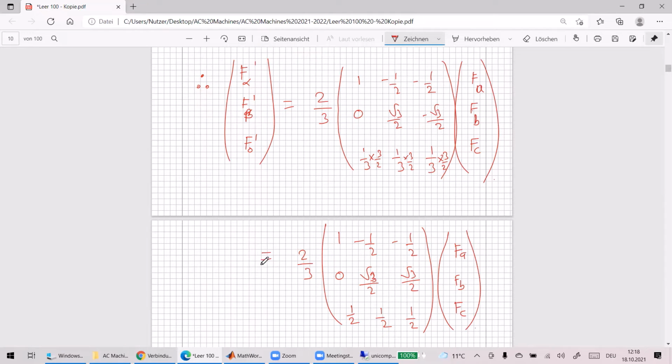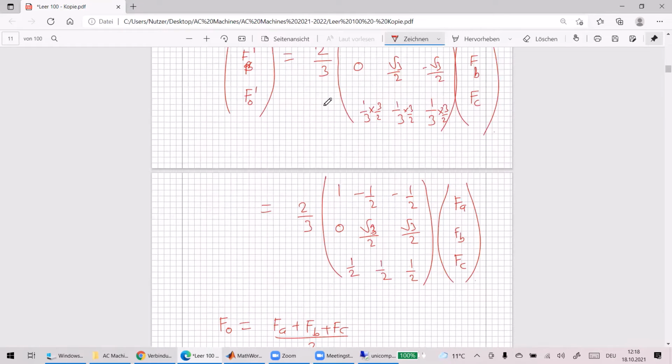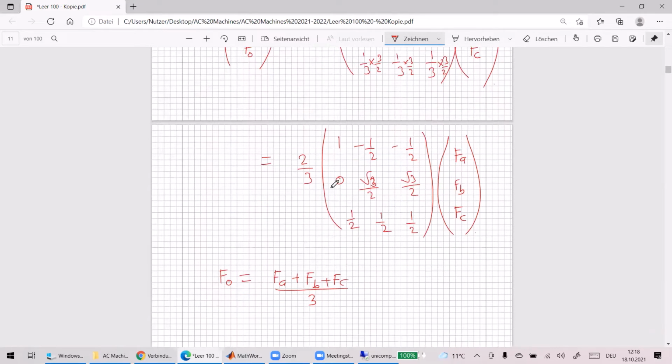So our zero sequence also should be like a zero sequence, right? It means we want to see our F0 is equal to FA plus FB plus FC by 3, right? So if you multiply 2 by 3 over there, then it changes it. So we have to multiply with the reverse, and then we have this matrix. Got it?